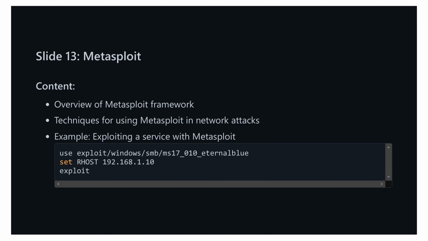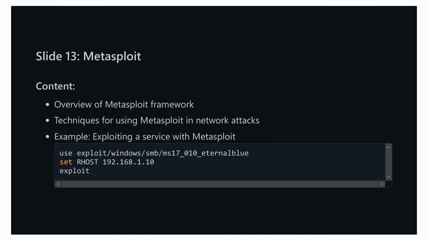When using Metasploit, there are several techniques to be aware of. A common use case involves exploiting a particular service vulnerability. For instance, here's an example of exploiting a known Windows vulnerability, MS17-010, also known as EternalBlue. Firstly, you'd use the exploit module designed for this vulnerability: use exploit/windows/smb/ms17_010_eternalblue.